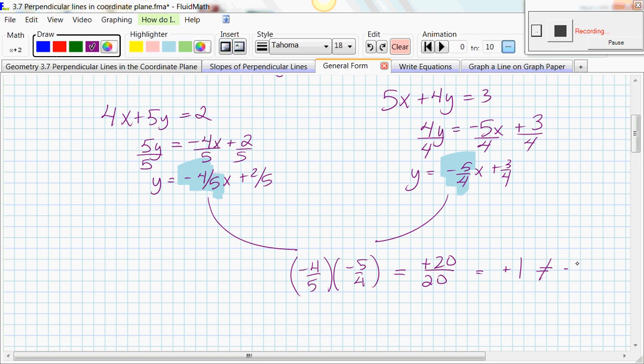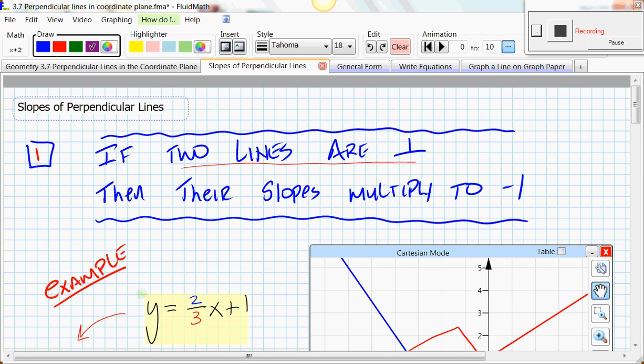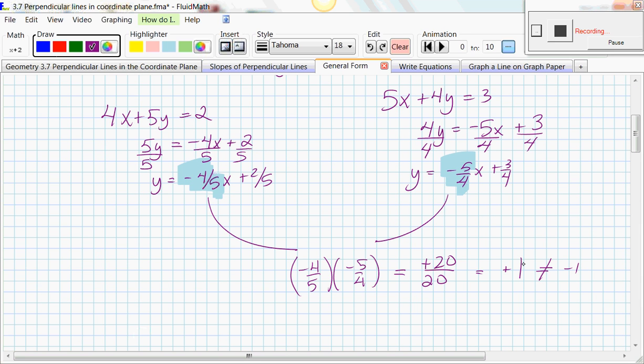That is not equal to negative 1, which is what we said, right? If they are perpendicular, then their slopes multiply to negative 1. Since these slopes multiply to a positive 1, the lines are not perpendicular, and that's how you can tell.